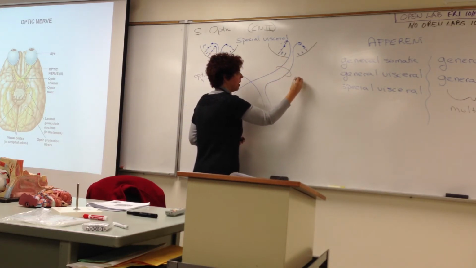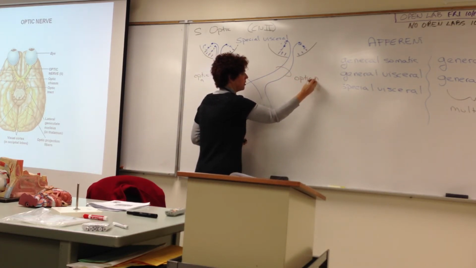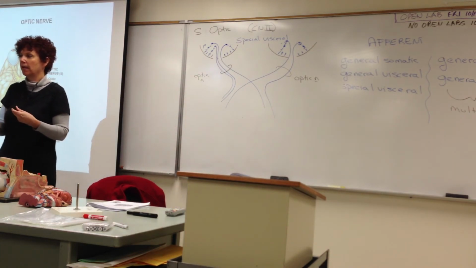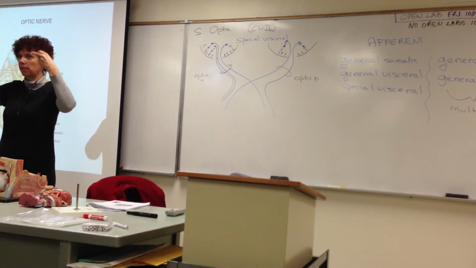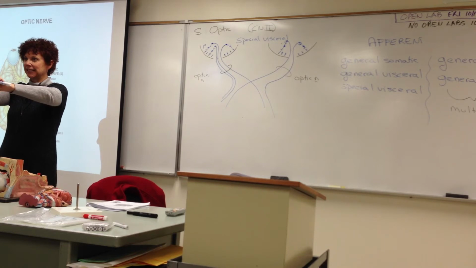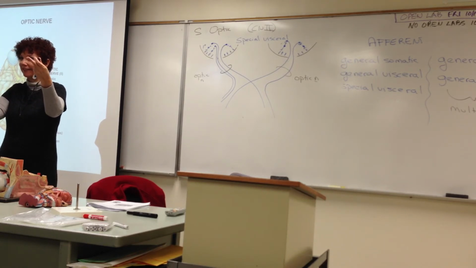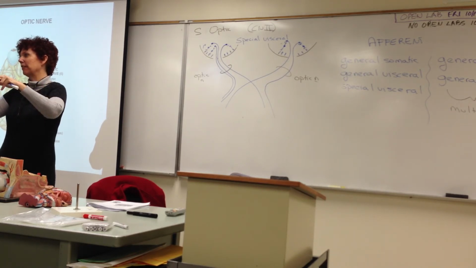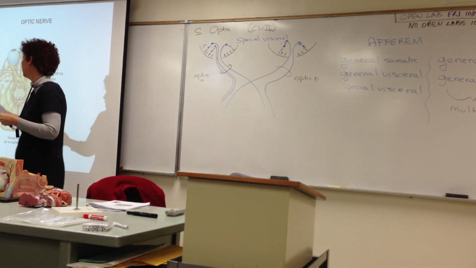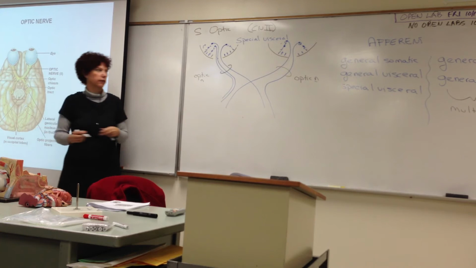So leaving the eyeball is the optic nerve, but just like the olfactory nerve, it's really an extension of the brainstem. When we talked about the hypothalamus, remember I drew the hypothalamus for the embryology, a pouch growing out from the bottom and going out to the face? That's part of the diencephalon. These neurons came from the diencephalon, okay? So it really is still just part of the central nervous system, even though we're calling it a cranial nerve.